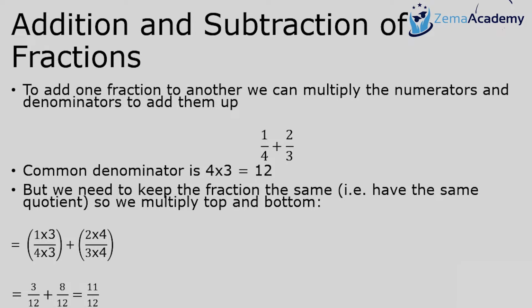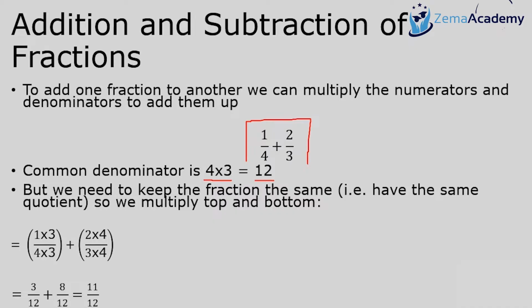For example, here I have 1 over 4 plus 2 over 3. I need to find a common denominator, and the simplest way to do that is to multiply 4 by 3 to get 12. The reason that works is because I know I can turn the fraction into a different fraction but with the same information, and I'll explain what I mean by that.